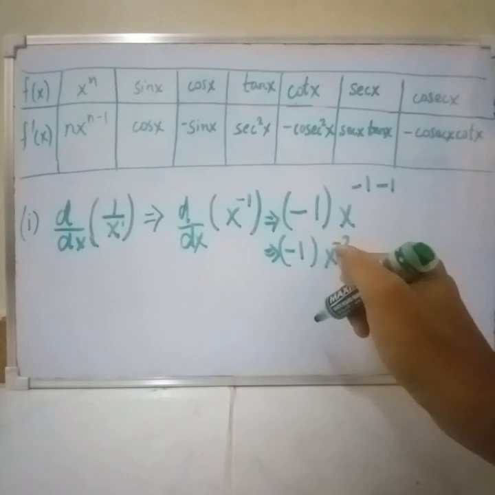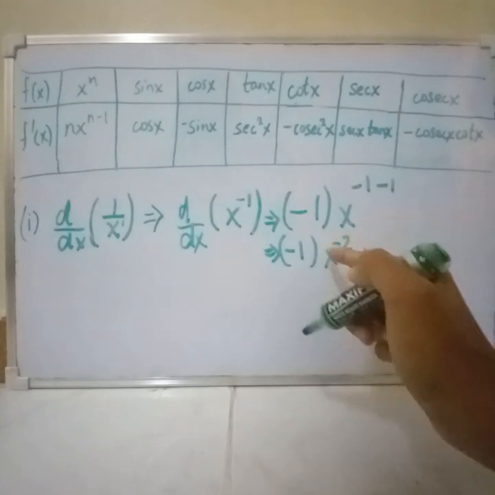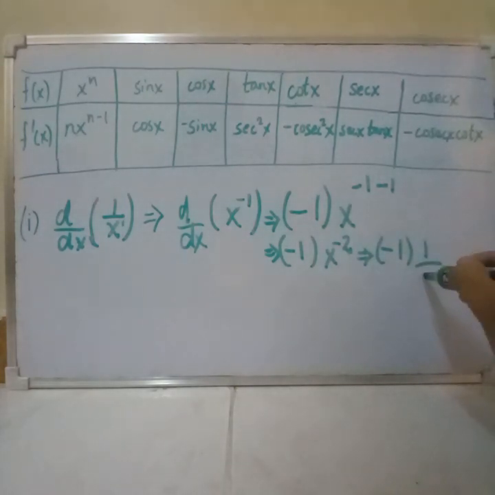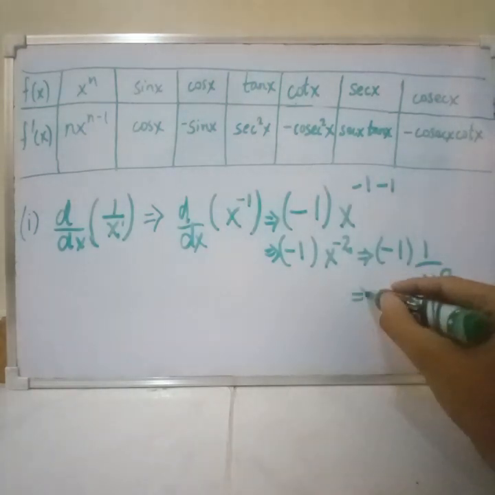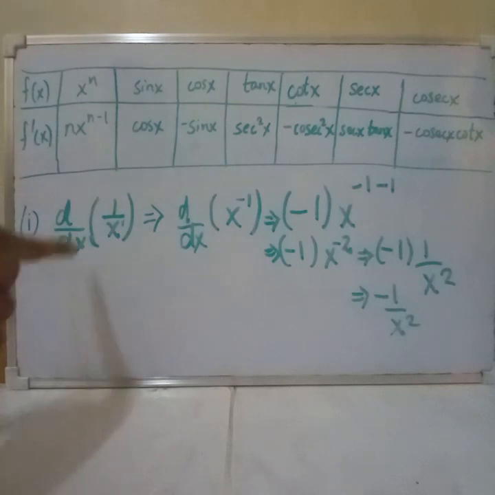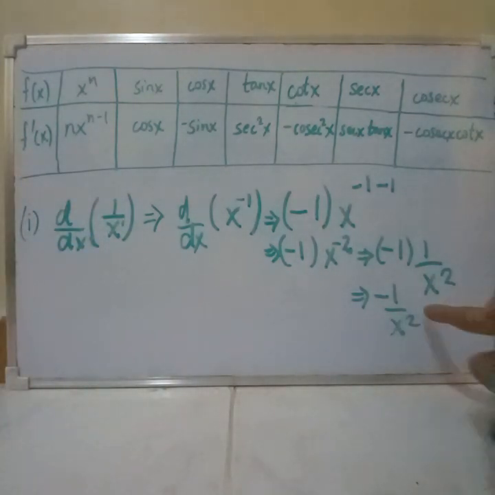In order to remove this negative sign, we can take it from the numerator to the denominator. So it will be minus 1 by x squared. So the differentiation of 1 by x is minus 1 by x squared. You are changing the sign, and instead of x, we are having x squared when you are taking the differentiation of 1 by x.